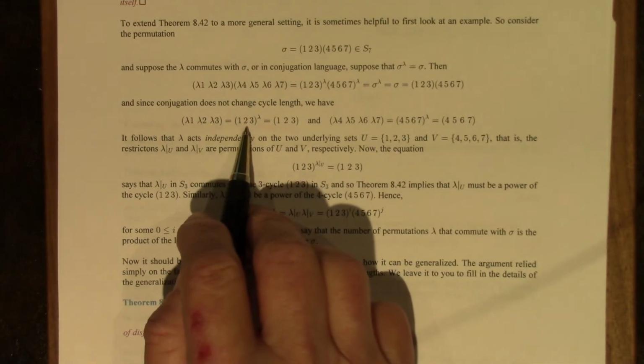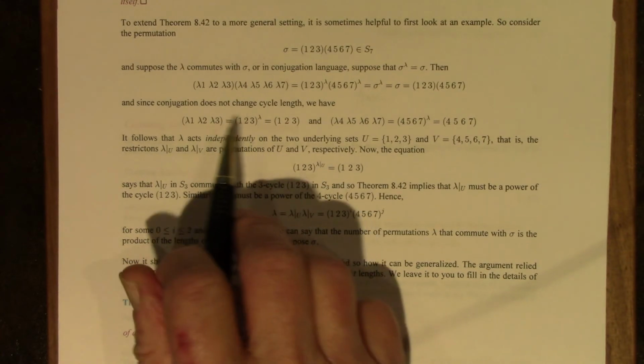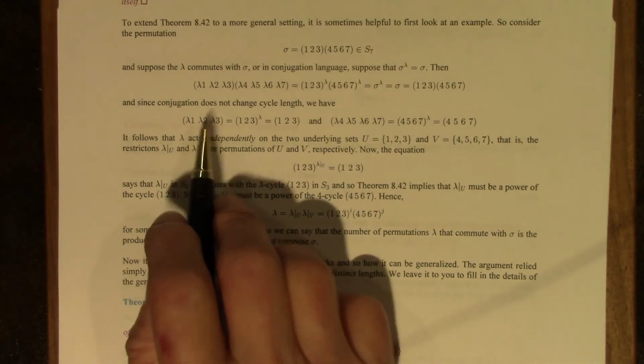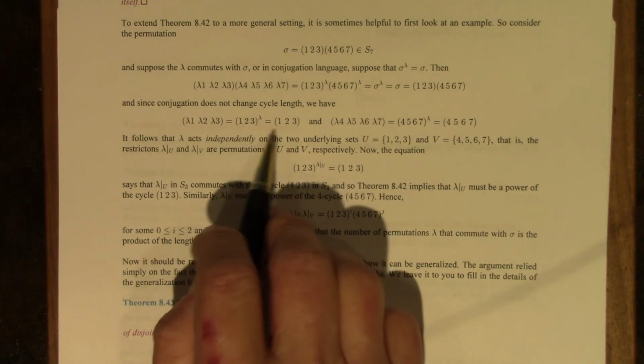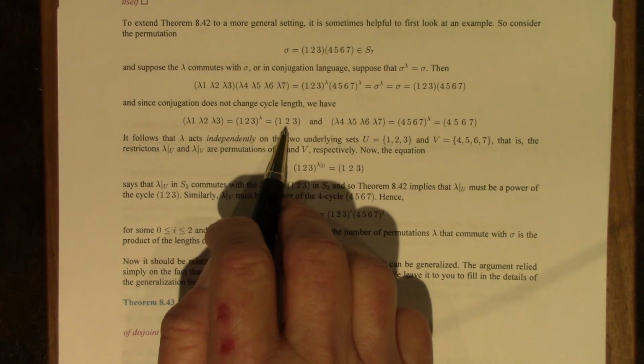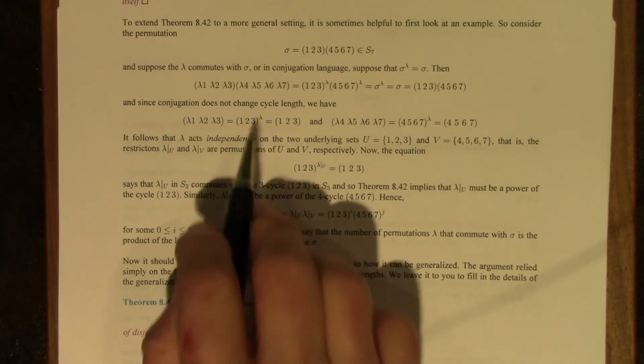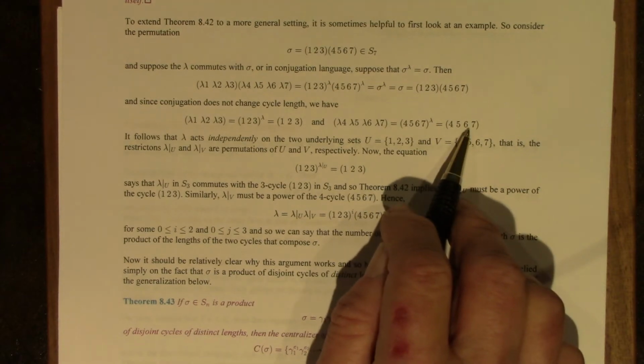So conjugating the 3-cycle by lambda, which looks like this, actually has to be this. In other words, lambda doesn't change the 3-cycle under conjugation, and similarly over here for the 4-cycle.